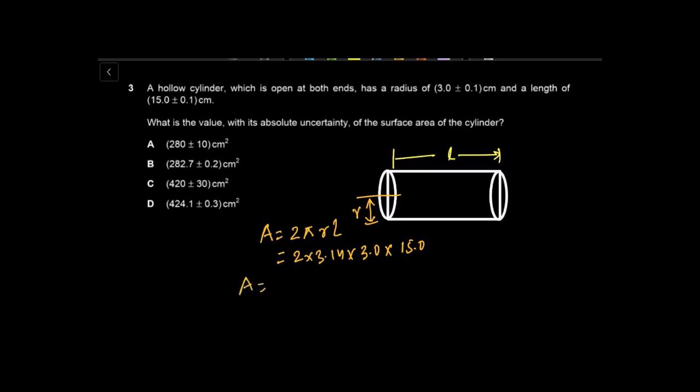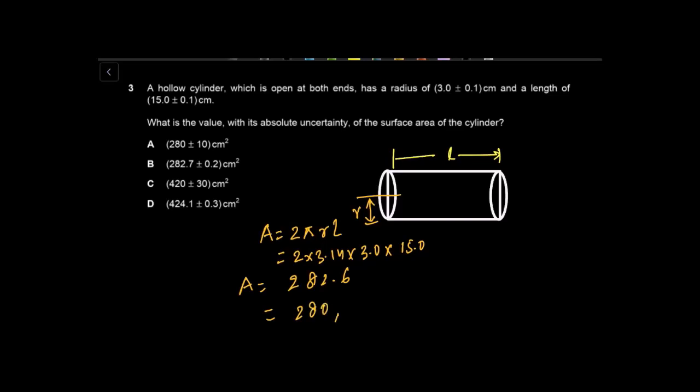Here A comes out to be 282.6. As per the rule of multiplication of two numbers, we have to consider two significant figures, the least of R or L. R is of two significant figures and L is of three significant figures, so we take the least of both. So this comes out to be 280.